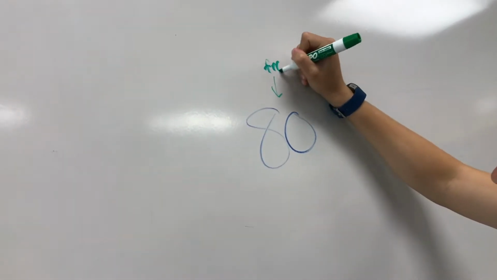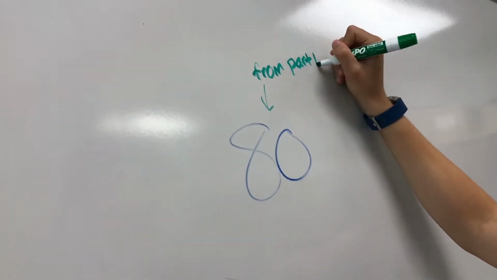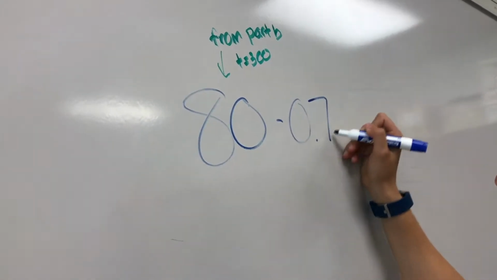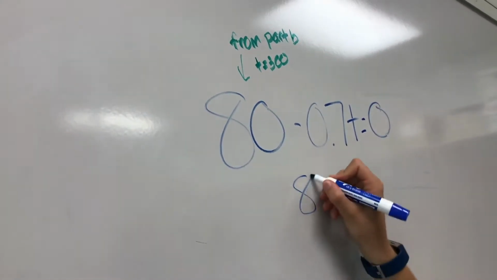We start with the 80 people at time 300. We then subtract the rate of people exiting, which is 0.7x, and you don't need to add the rate in because at time greater than 300 it is 0.